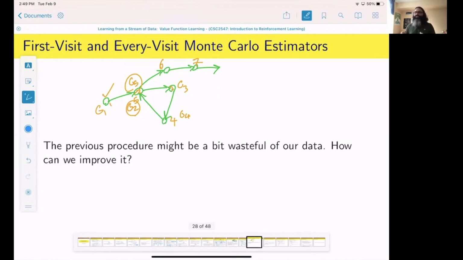So G2 and G5 would be dependent random variables. They're not IID anymore, and that causes some problems. They can even be biased, so they wouldn't be unbiased estimates. To avoid this bias, we may avoid using G5.